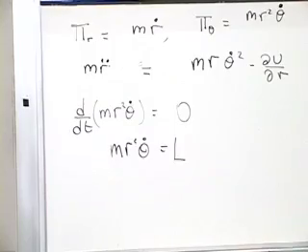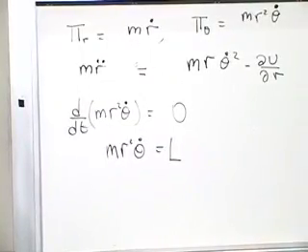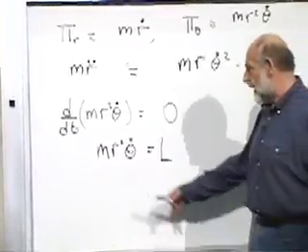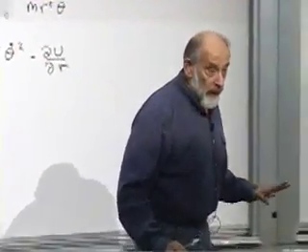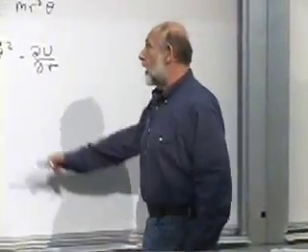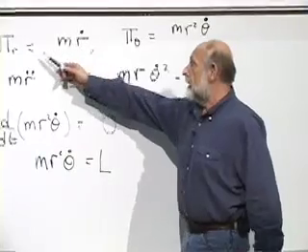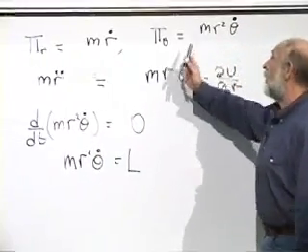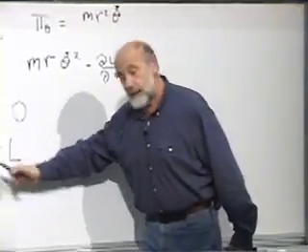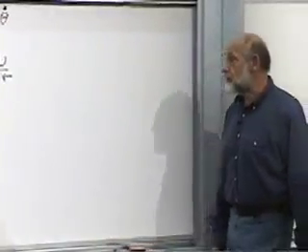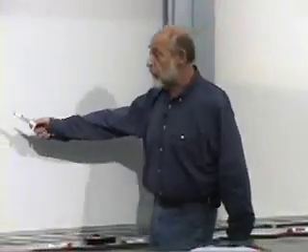If you know the initial conditions, for example, if you know r and r dot and theta dot initially, then you know the angular momentum forever after because it doesn't change. That's not true of m r dot, pi sub r. It does change because of the force and because of the centrifugal force. But the angular momentum does not change. It's constant, and that's what the equation of motion says.